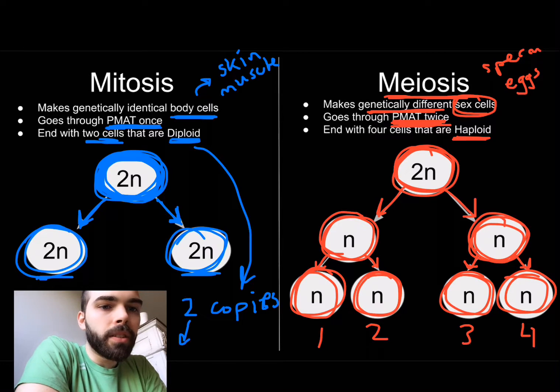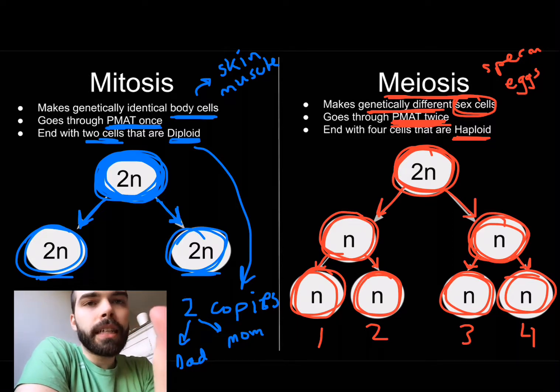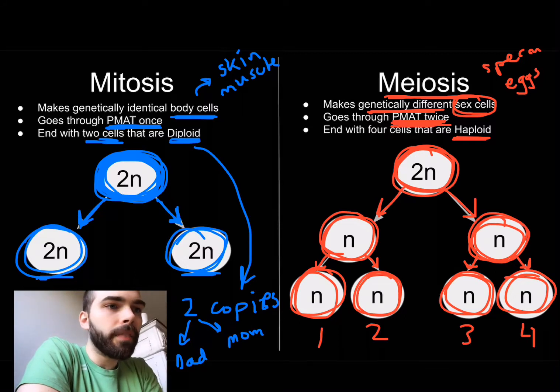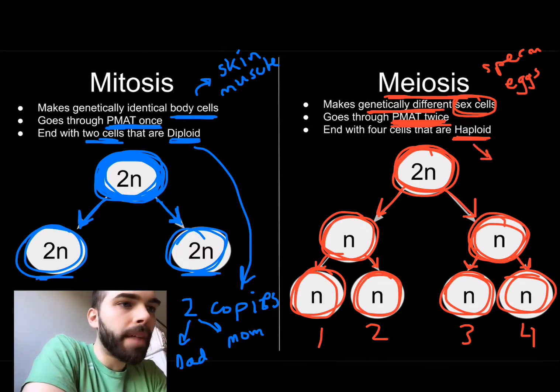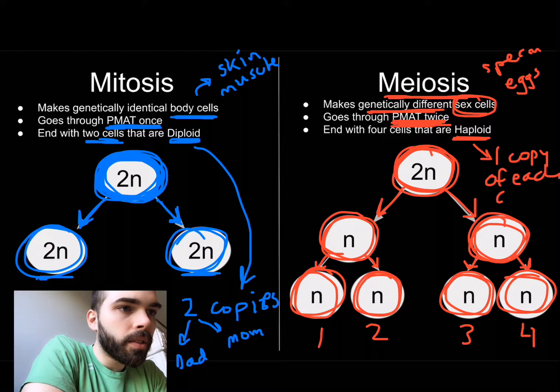One of the copies is going to come from dad, and the other copy is going to come from mom. Meiosis, on the other hand, is only going to have 1 copy of each chromosome. That's what we mean by haploid. 1 copy of each chromosome.